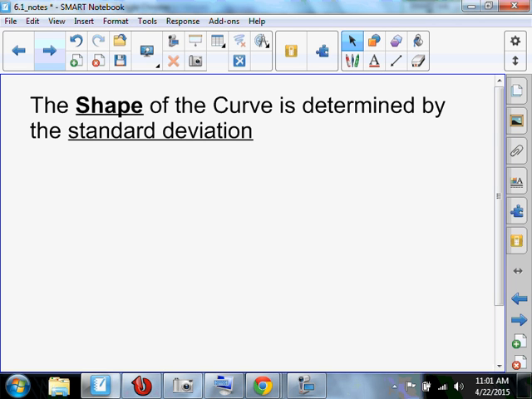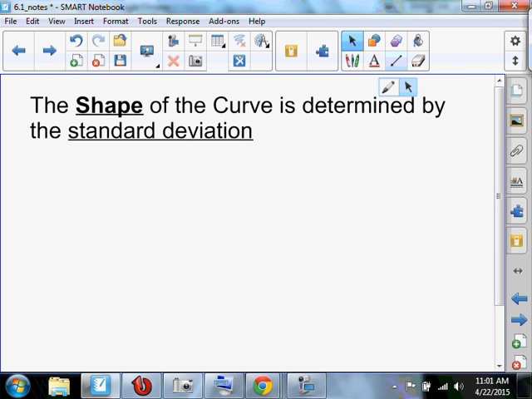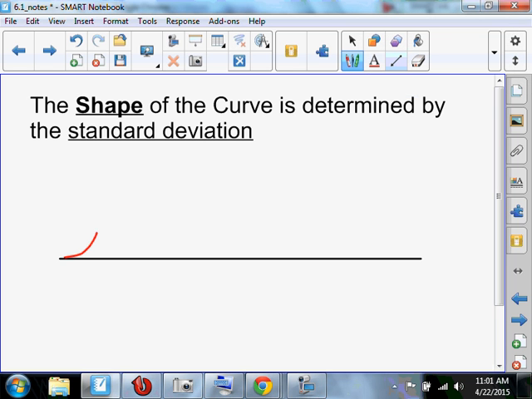When I talk about the curve, I'm talking about the normal curve from this point forward, unless otherwise noted. The shape of the normal curve is determined by the standard deviation. What I mean by that is different curves are going to look different. Use a couple different colors here. Some curves are going to be really tall and skinny, like that.